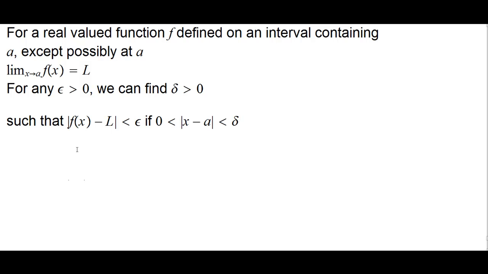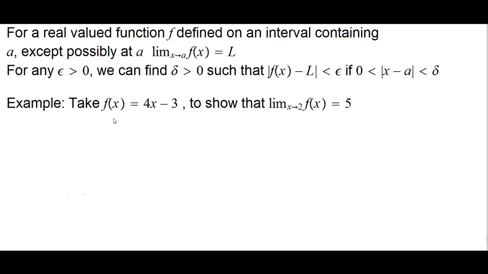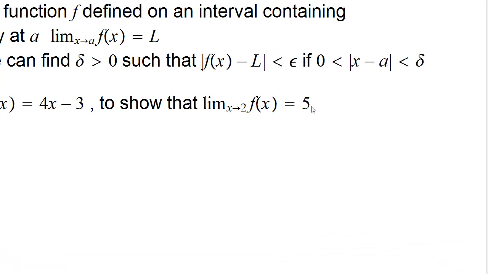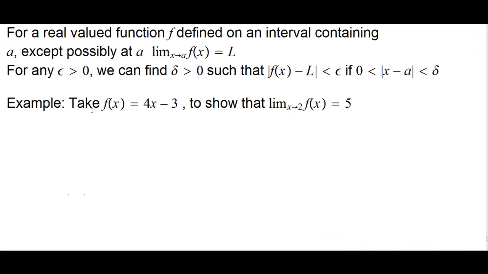So let's realize this through a very simple example. Say we are given the function 4x minus 3, and we have to show that the limit of this function at 2 equals 5. That means no matter what the value of epsilon is, we should be able to find a delta for that value so that this highlighted statement is fulfilled.